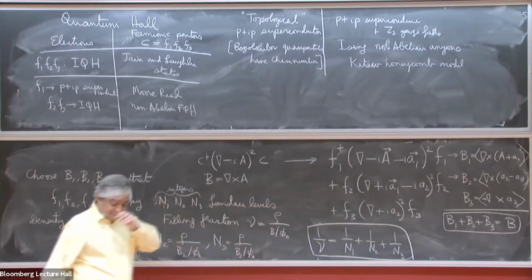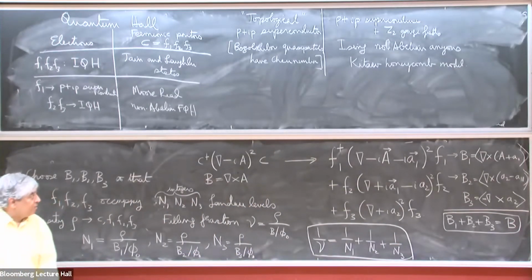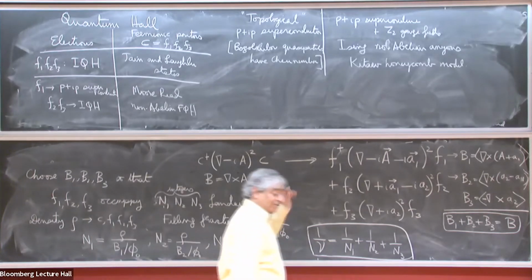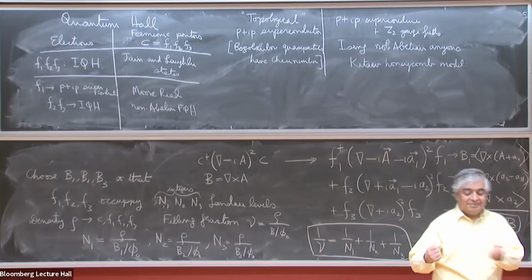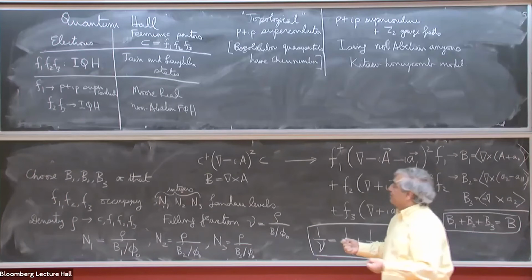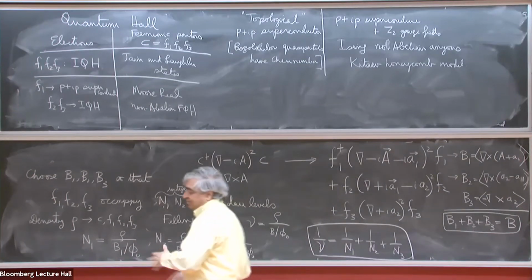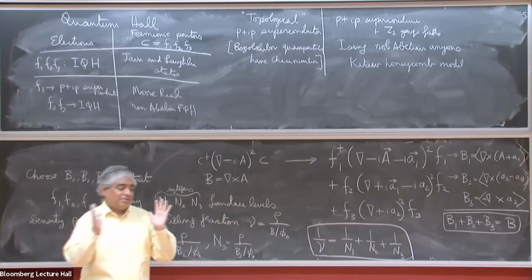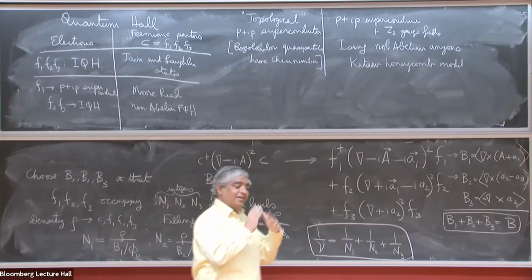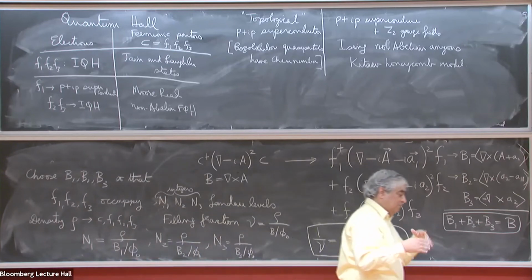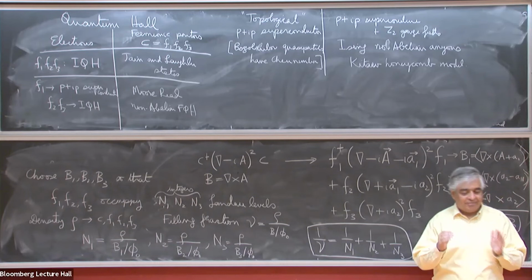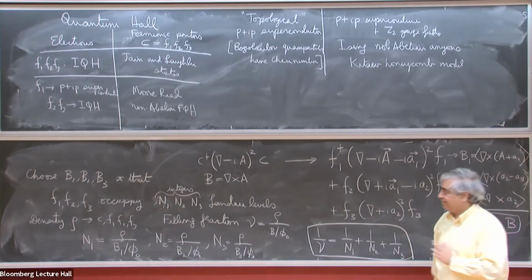So what we have shown is that if you take an electron and split into 3 partons and then couple it to a gauge field and look for a saddle point, you want to look for a nice saddle point which has a nice gap. And with the parton, that means the partons have to occupy an integer number of Landau levels.